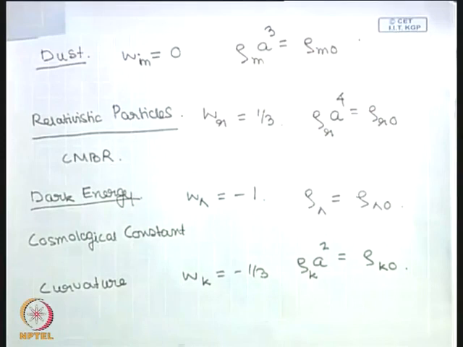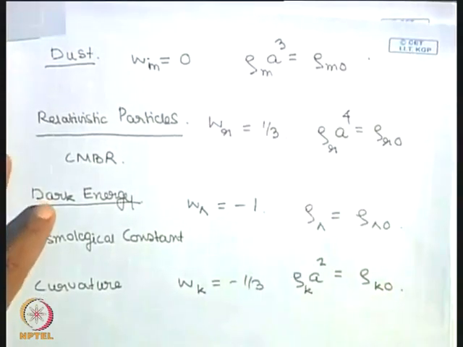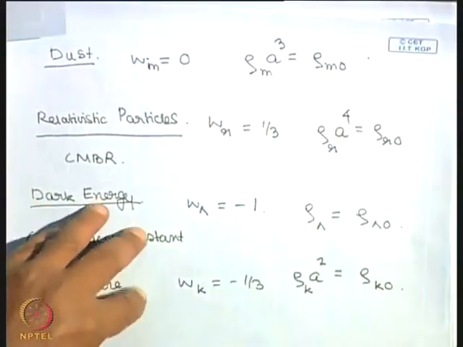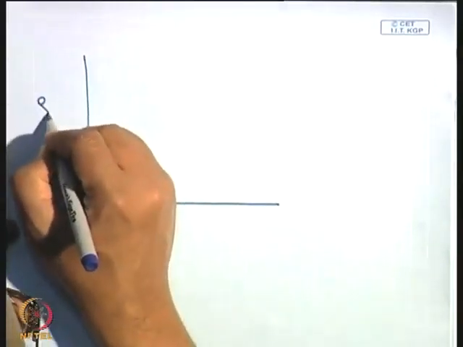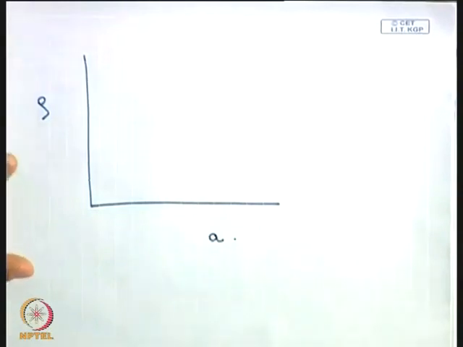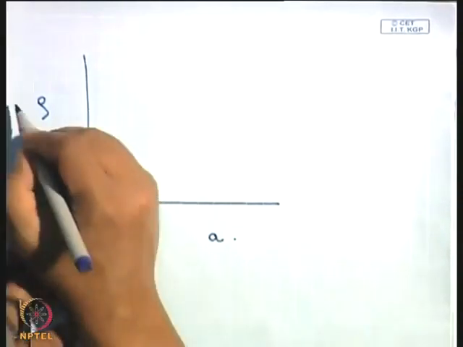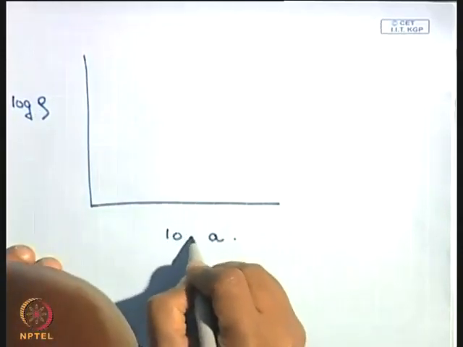Let us try to get a feel for what the general behavior is going to be when I have a combination of all four of these. Let me make a plot of the contribution to the density in each of these components as a function of the scale factor. And let me make the plot in the log scale. So this is log rho, this is log a.